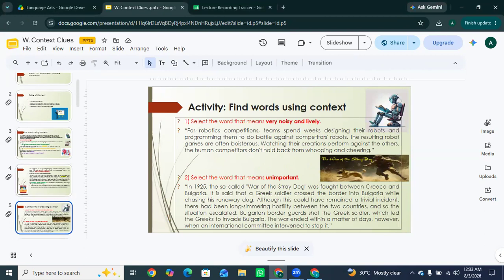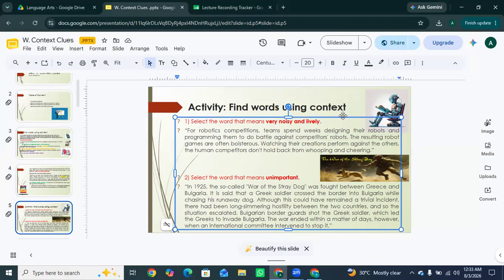Here we have another activity. Find words using context. Select the word that means very noisy and lively. For a robotics competition, teams spend weeks designing their robots and programming them to do battle against competitors.